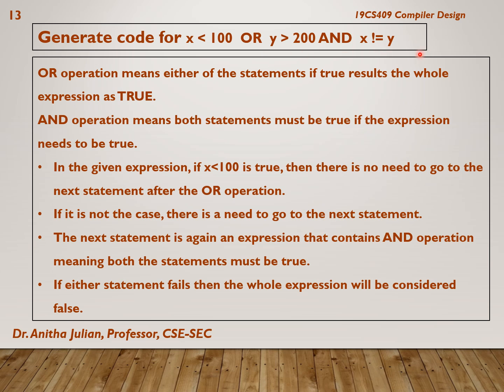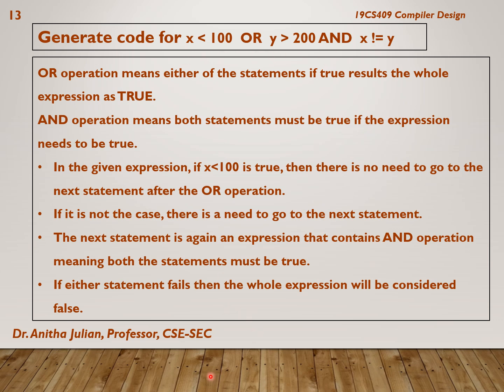Whereas in the previous operation, we had to go ahead and do every statement and only then we would find. But here, because of the backpatching rule, because it is an OR operation, you don't need to go here. In case this is false, then we have to find out whether this is also false or if it is true. If it is true, then we have to do the true condition. So we will go ahead and evaluate.